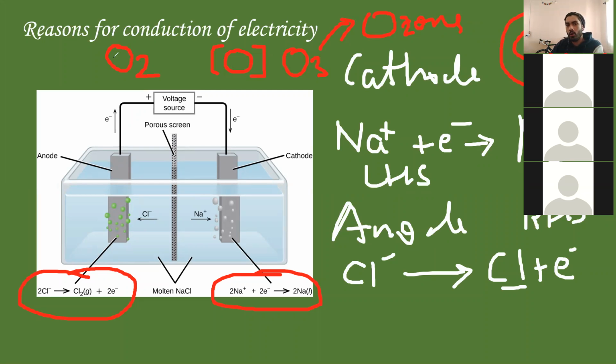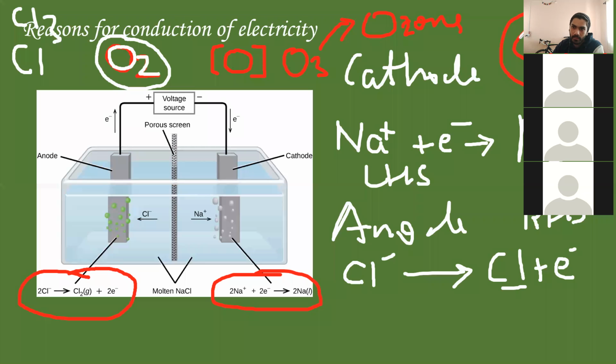So oxygen can exist in various states, but most of the time it exists in the O2 state. Similarly, chlorine can exist as Cl and Cl3 also, but most of the time it exists in the Cl2 state.